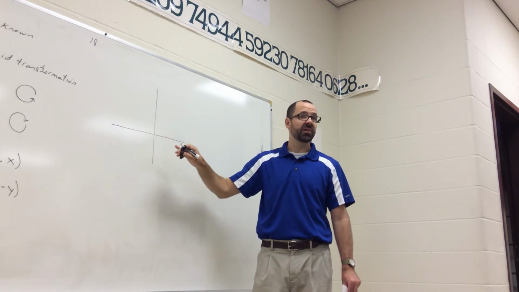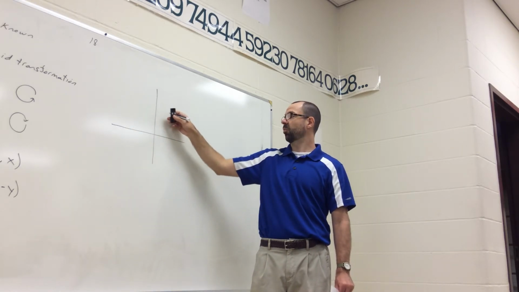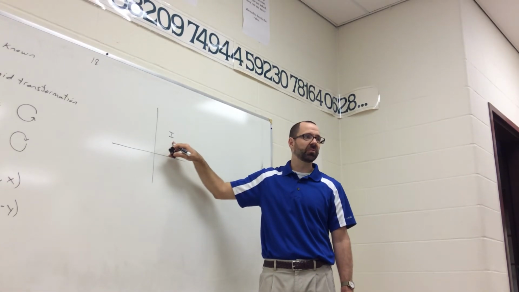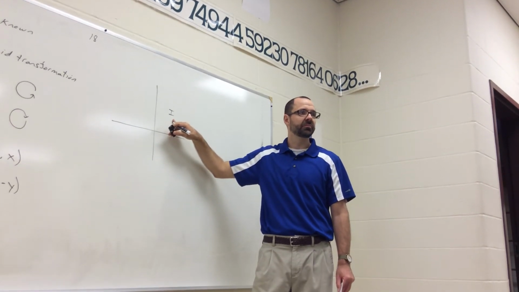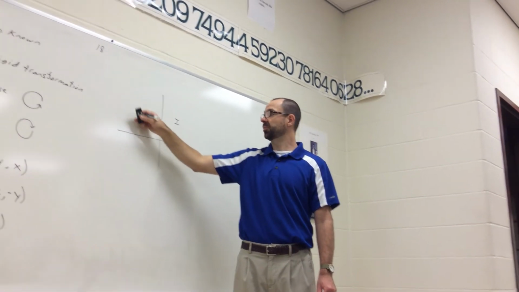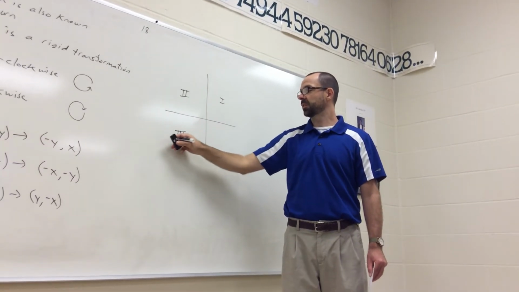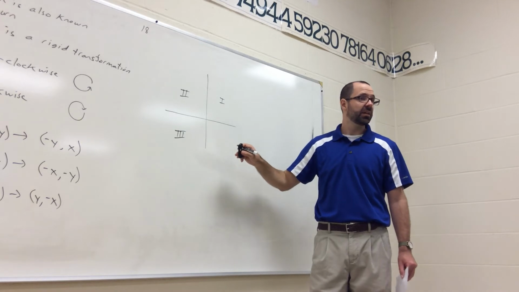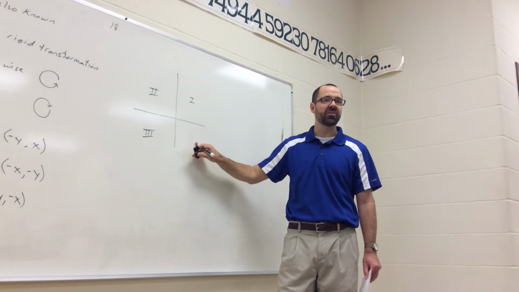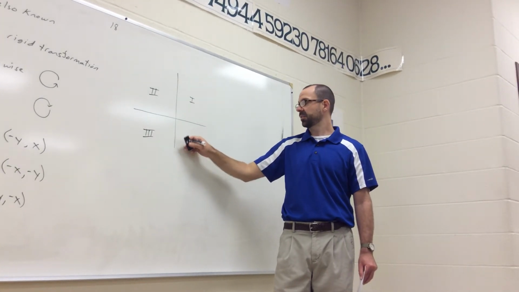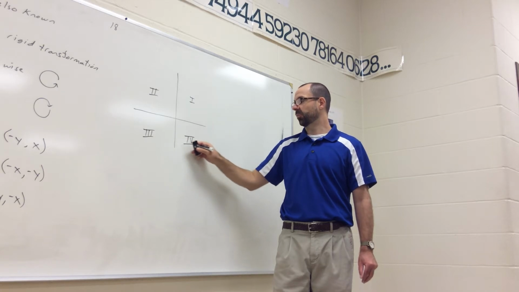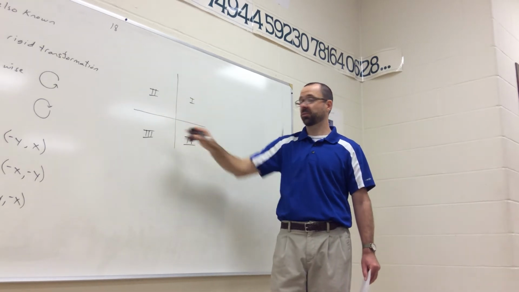They're each called quadrants. This is quadrant 1, and they use Roman numerals for them. This is number 2. Then down here is 3. And then over here is 4. And 4 is IV, which is weird in Roman numerals. So they're numbered 1, 2, 3, 4.